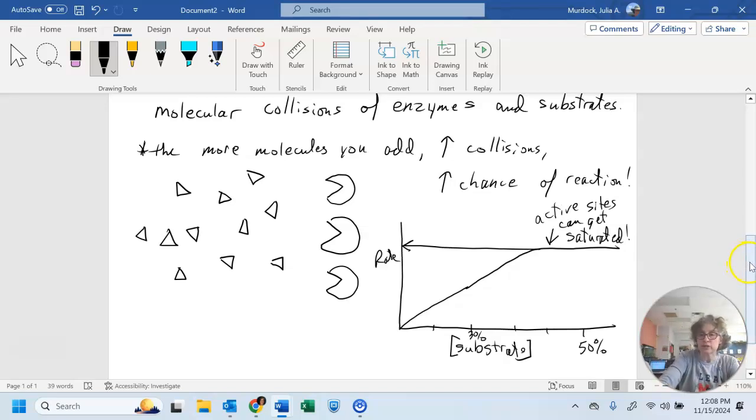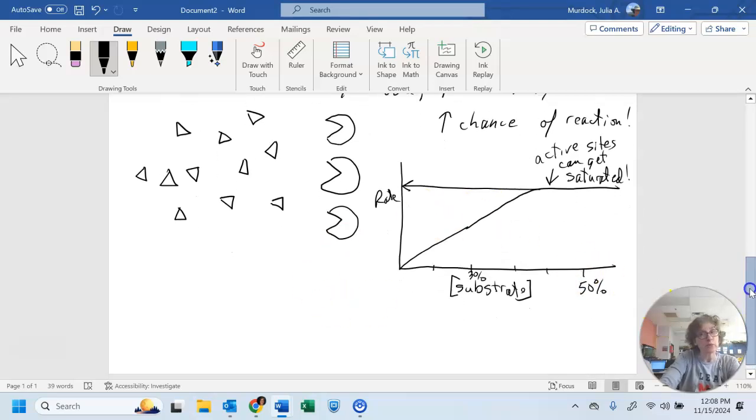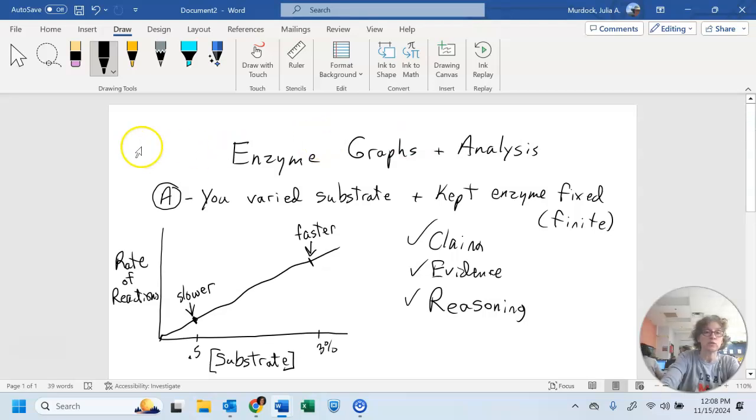The last thing I want to talk about is that there is in fact another way to graph enzyme data that we didn't do, and I just want to make you aware of it.